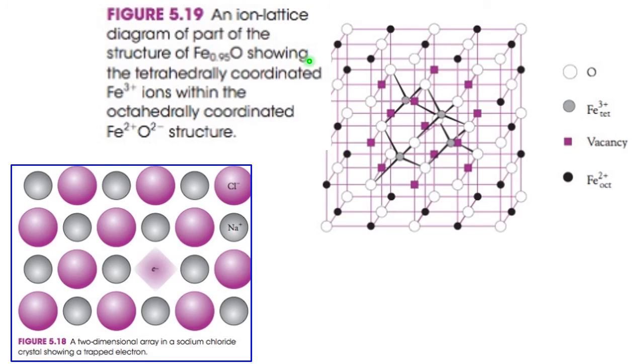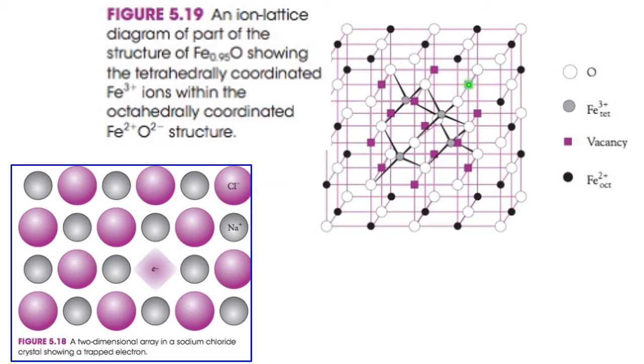One more possibility is when you have an ideal structure. This is the ideal iron oxide structure, Fe2+ O2-, but one of the iron ions was oxidized. As a result, Fe3+ is smaller and it prefers tetrahedral coordination with coordination number 4.